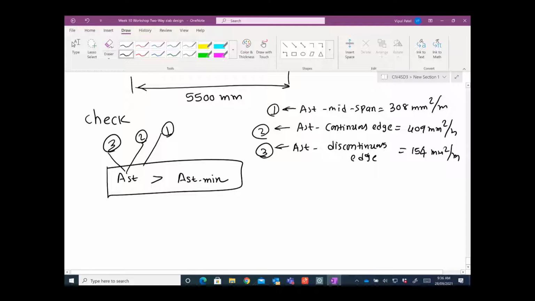Some engineers might end up not providing any reinforcement in particular sections. Why? Because they might say, okay, my bending moment is not that significant, so I don't need Rho. Now if you have concrete only and you don't provide the Rho, it is very dangerous. Concrete is a very brittle material. It will just snap, break, and the whole structure will come down. So we don't want to do those kinds of things.